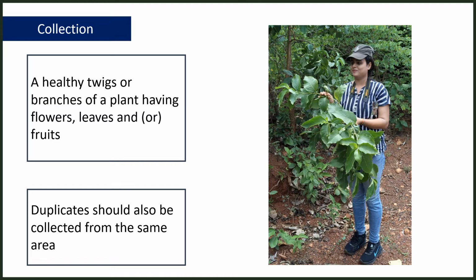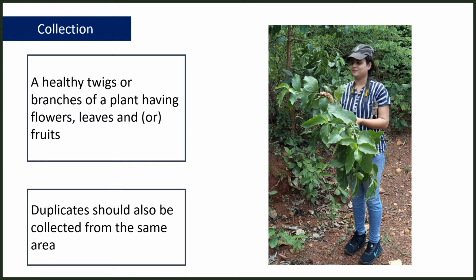So it has to be healthy, it has to have either leaves or fruit, flower or fruits along with the leaves. So all those should be considered, and you have to take the plant part with less dirt. So that is the initial part of the collection.